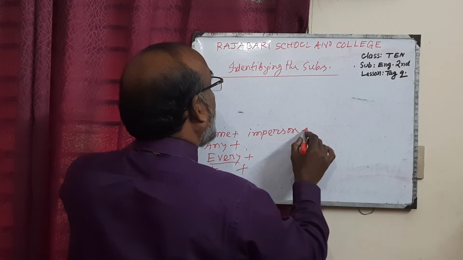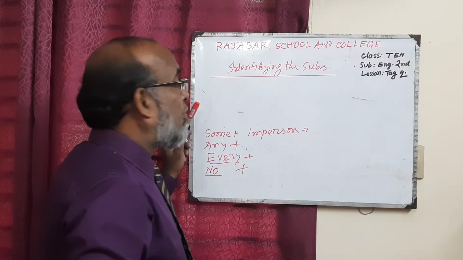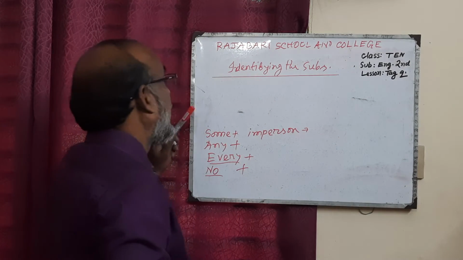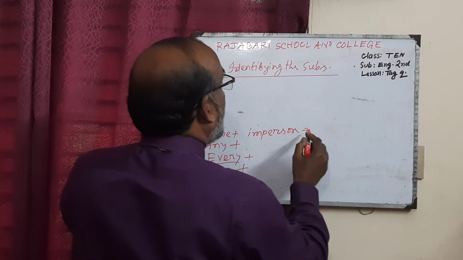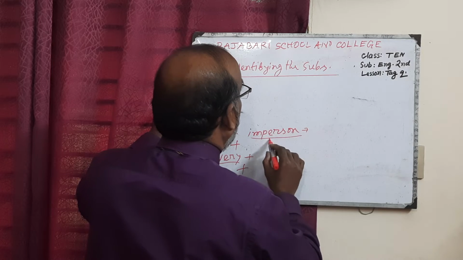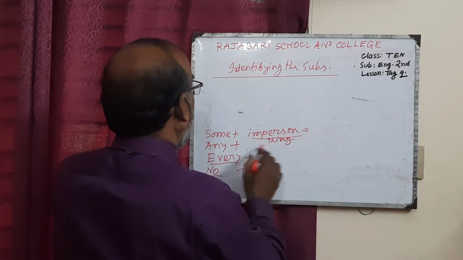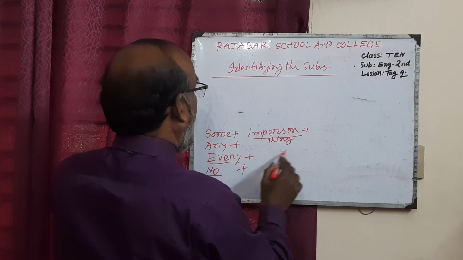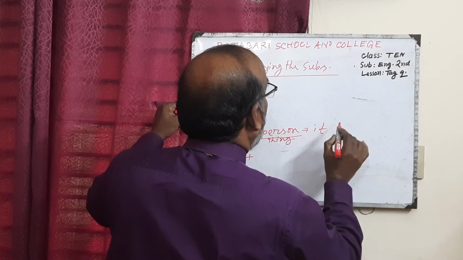Imperson means they are not persons, they are things. For example, some things. Imperson means things. Some things, any things, everything, nothing. It will be it as subject.